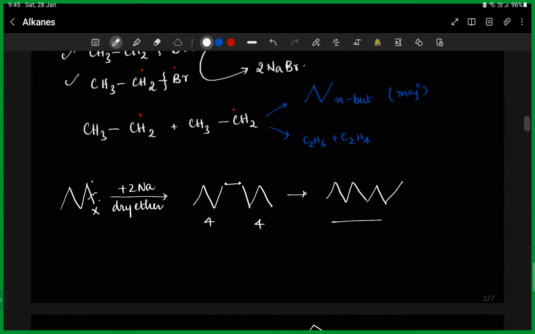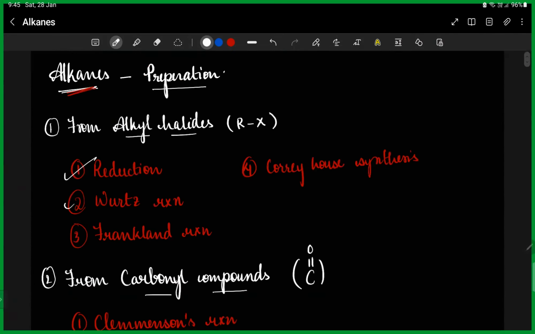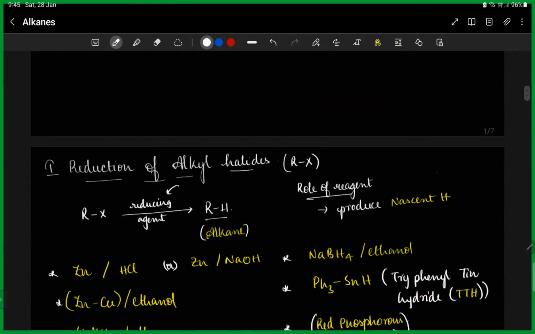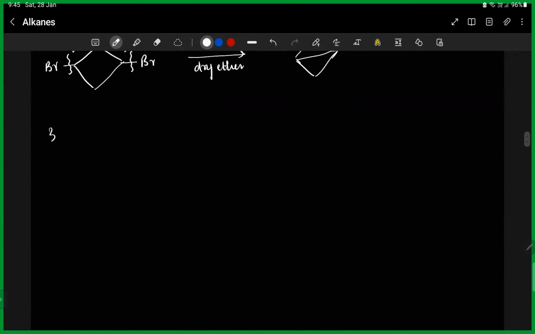Now we have seen Wurtz reaction. So let's see Frankland reaction. So Frankland reaction is a reaction where we take alkyl halide.